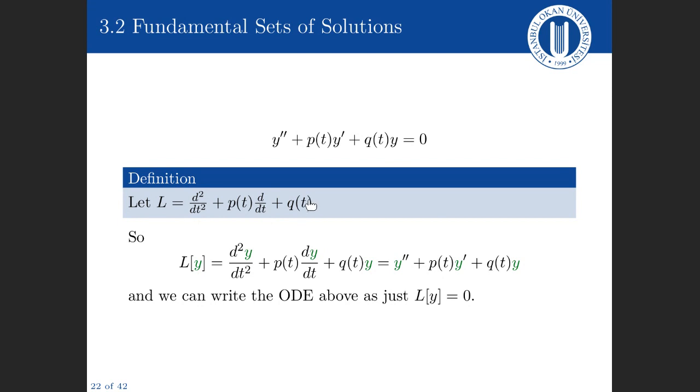What this means is that L of y is the same as writing y double prime plus p of t y prime plus q of t y, which means that the differential equation can be written in the short form L of y is equal to 0. That will just save some notation. Anytime you see me write L of y is equal to 0, I mean this differential equation.